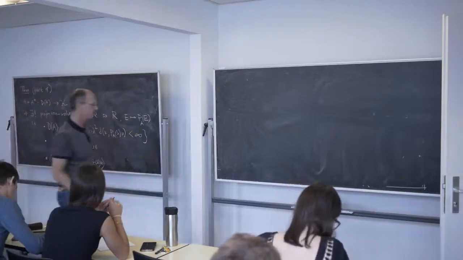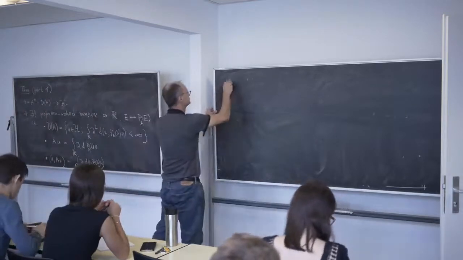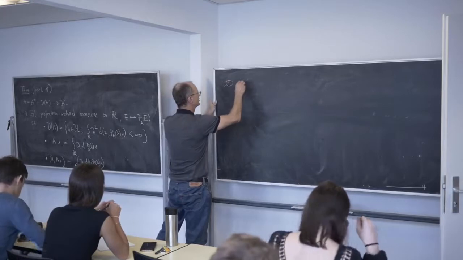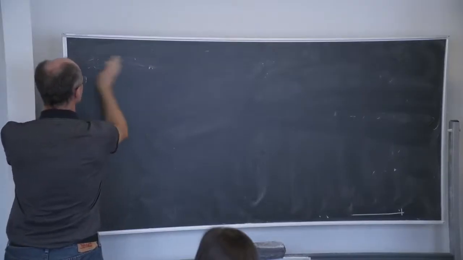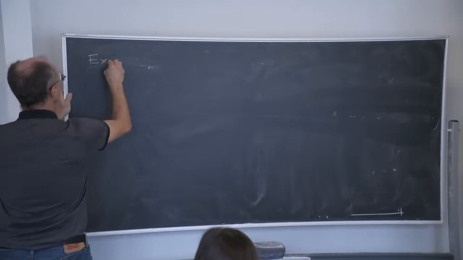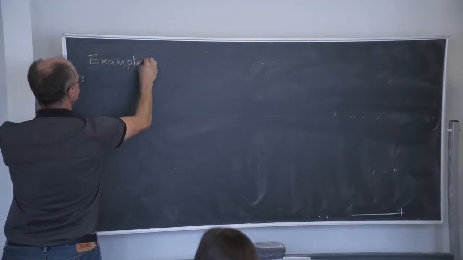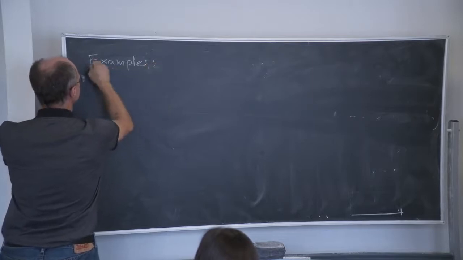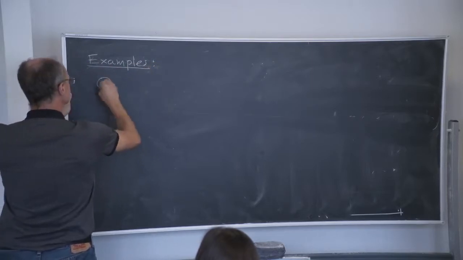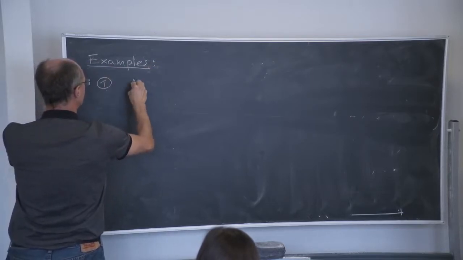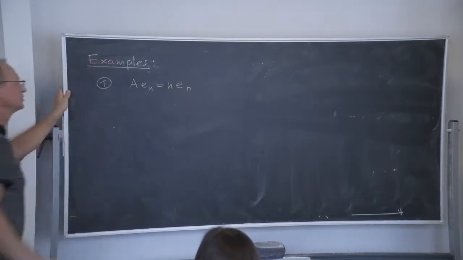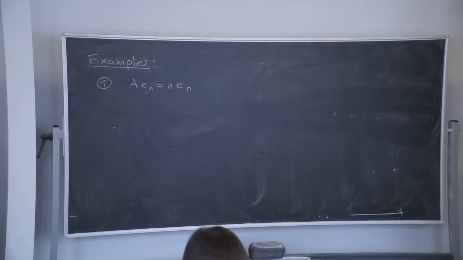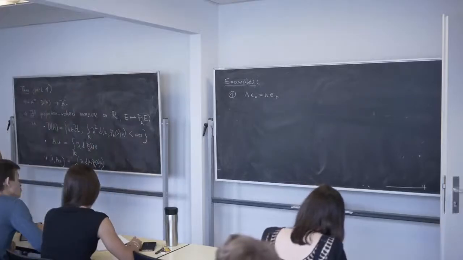So our first example, maybe I should say examples. So we had that operator A with a Hilbert basis, En, and eigenvalues n.